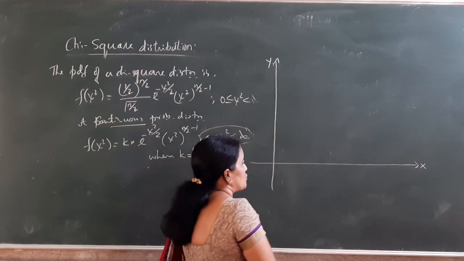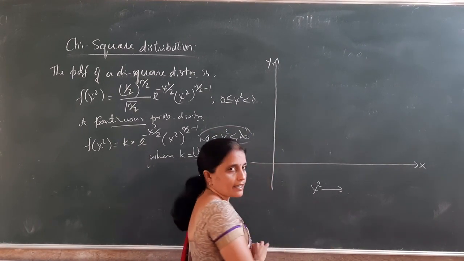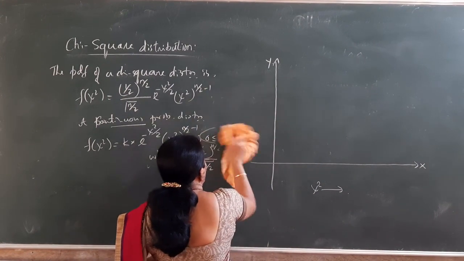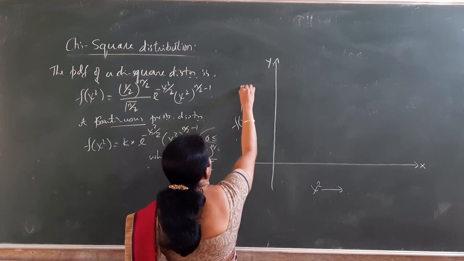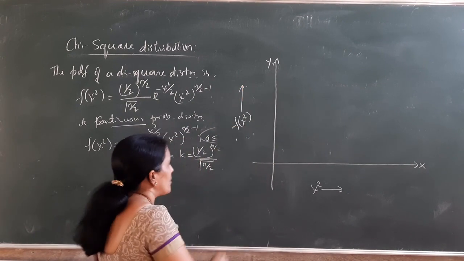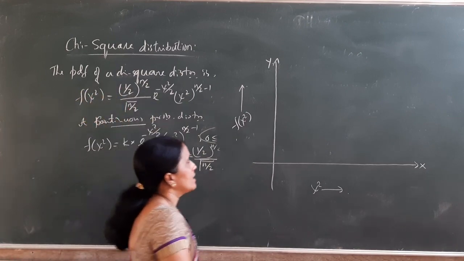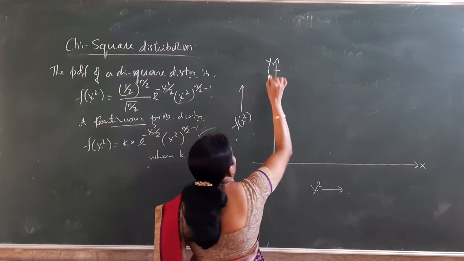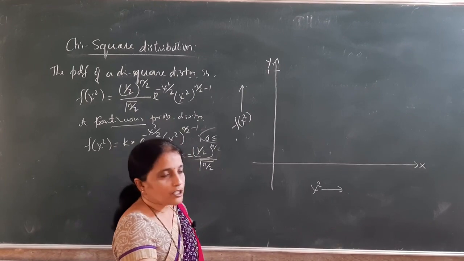It is an xy plane. Consider the chi-square variate along the x-axis and probabilities along the y-axis. Probabilities are given by the notation f of chi-square. And we know the total probability is always 1. It never exceeds 1; it lies between 0 and 1.